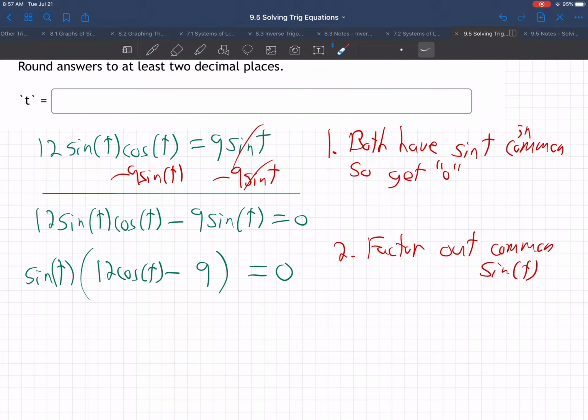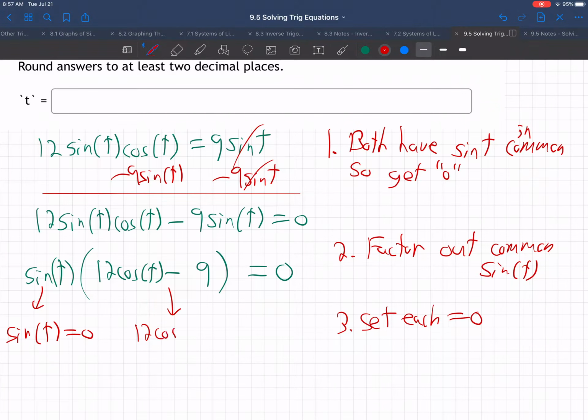All right. Step 3. Set each equal to 0. So in other words, the sine t alone is 0, or the 12 cos t minus 9 is 0. Why?